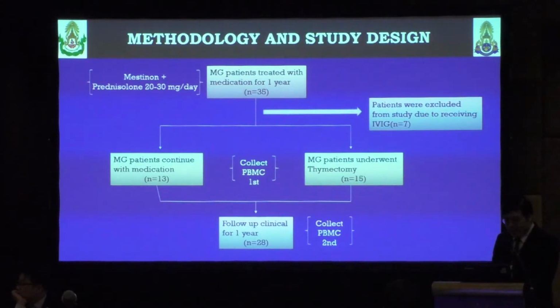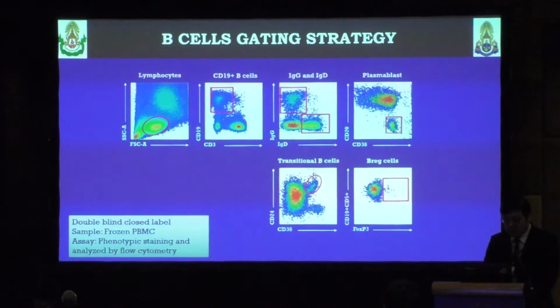So we divided into 2 groups: one group of 13 patients continued medication, and the other group underwent thymectomy. At that time, we collected the first PBMC, then followed up clinically for 1 year after the thymectomy, and collected the second one.